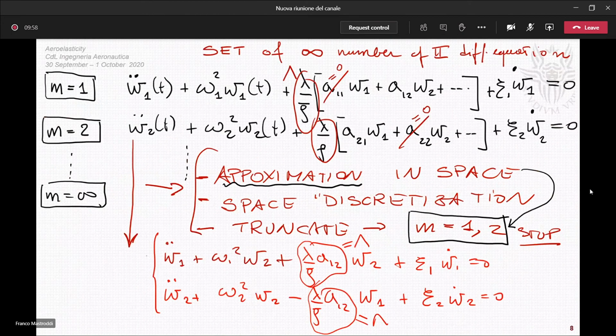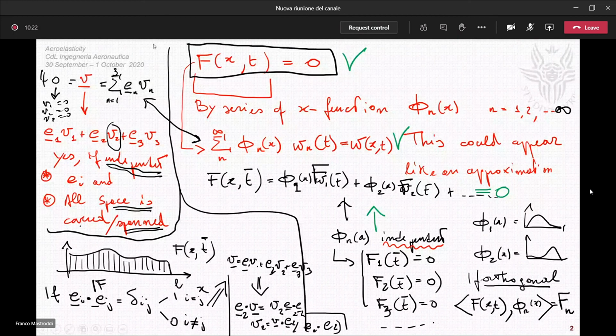So at the end of the story, our original PDE problem is here transformed to a set of infinite equations. Each of these equations is essentially the projection of our original PDE equation here, this equation, onto the shape function.